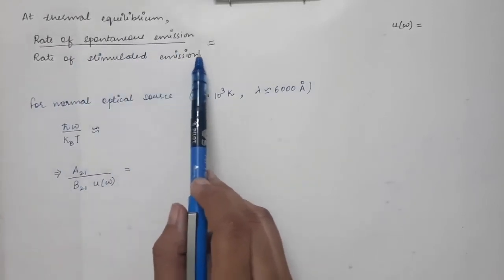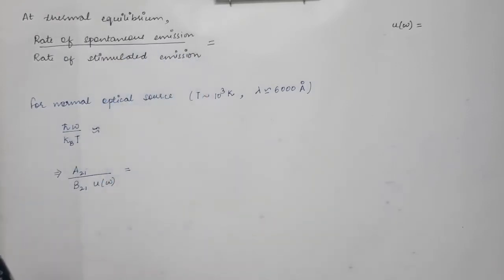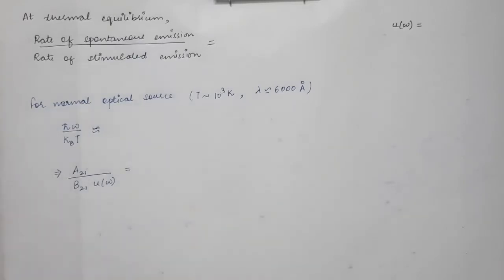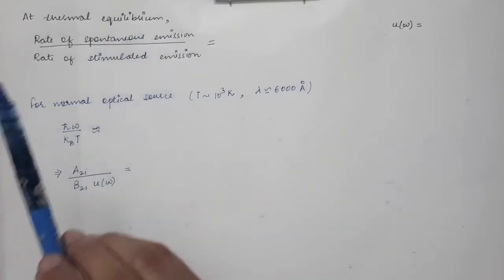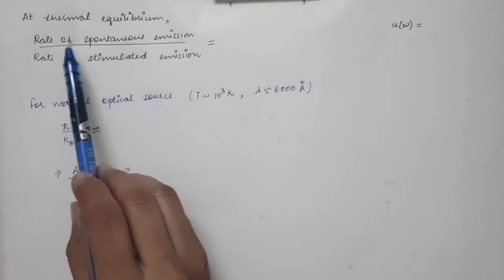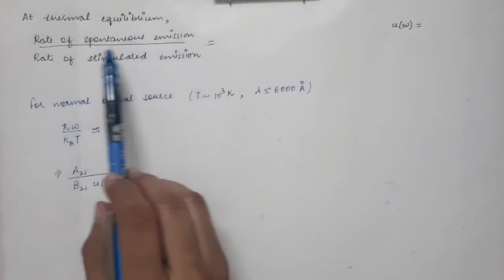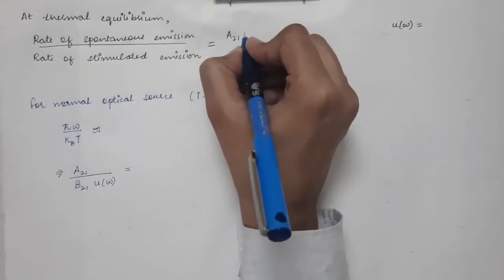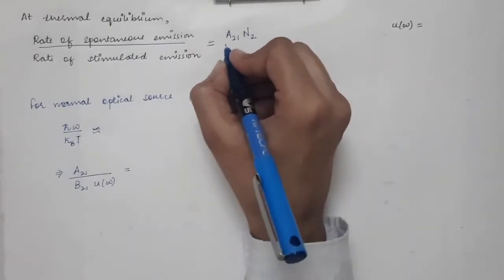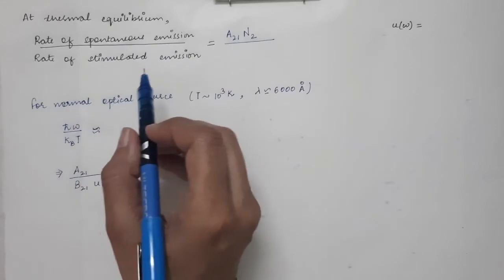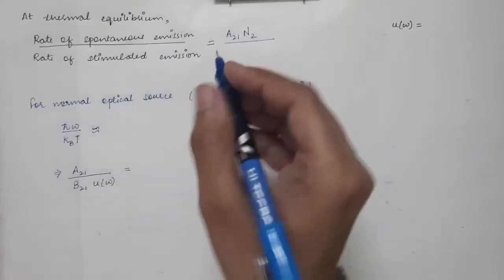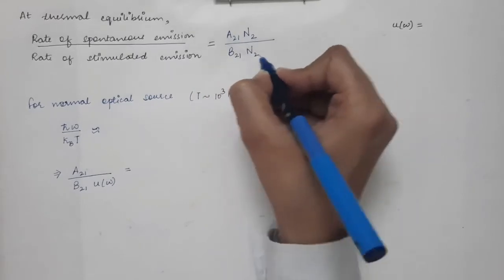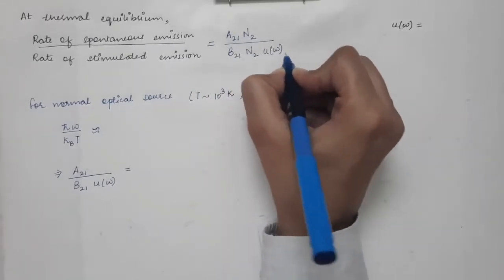So what do we want? We want more stimulated emission to occur. Now we are going to find the ratio of these two transitions at thermal equilibrium. So now the rate of spontaneous emission, we have seen, is equal to A21 into N2, and the rate of stimulated emission is equal to B21 N2 into U of omega.